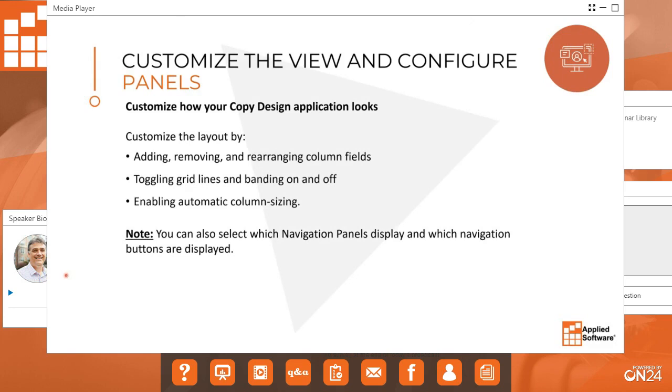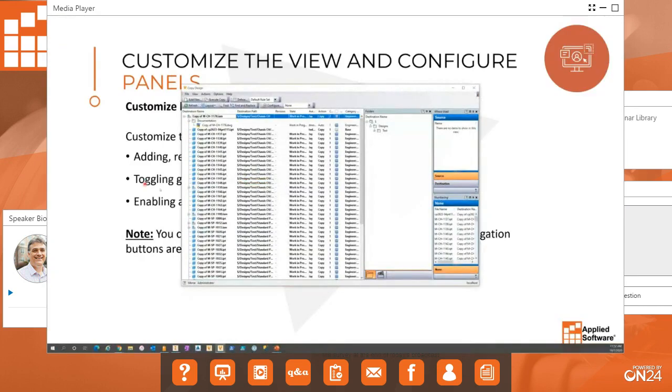Okay, so let's pop back over to our Vault client, and let's take a look at customizing the main pane and some of the other options here. So I can right-click on any of the column headers, and I can sort ascending or sort descending.